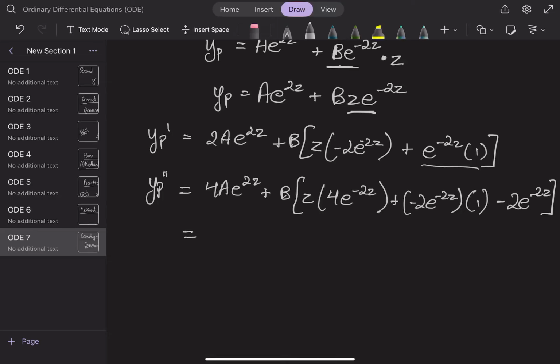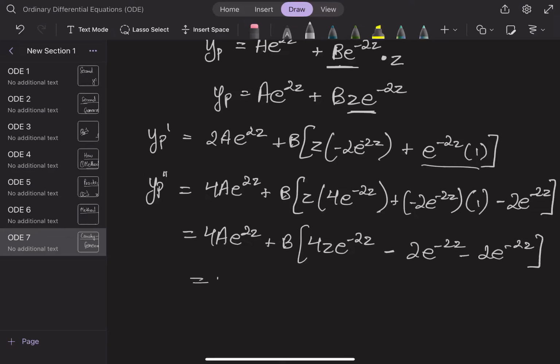So let's simplify this a little. 4A e raised to 2z plus B, 4z e raised to minus 2z minus 2 e raised to minus 2z minus 2 e raised to minus 2z.